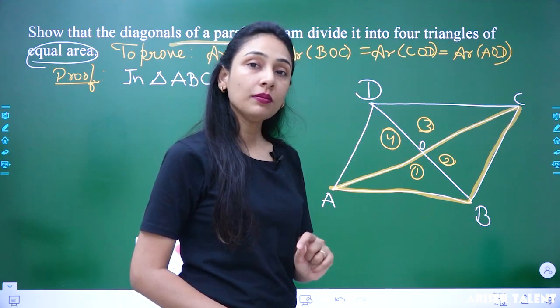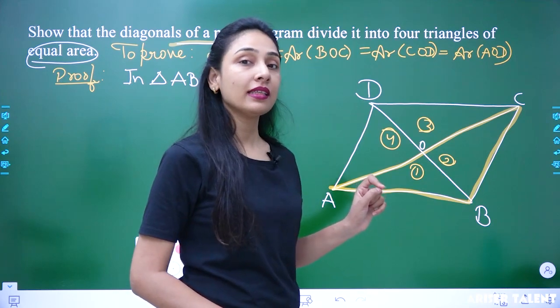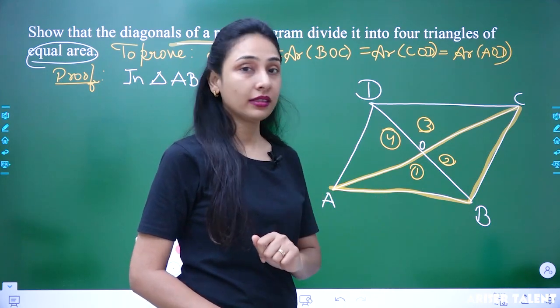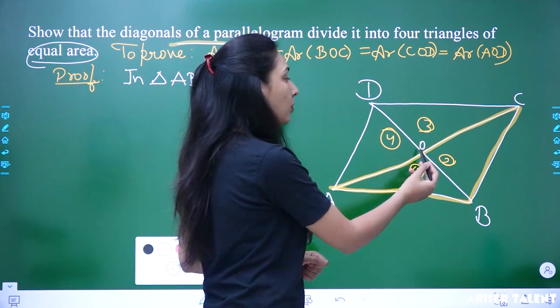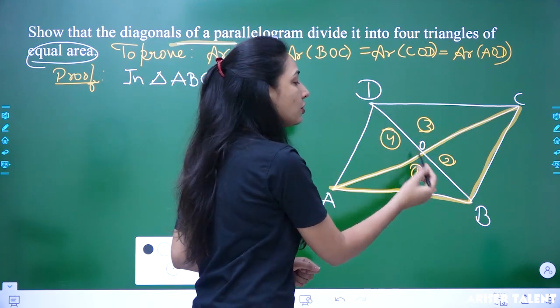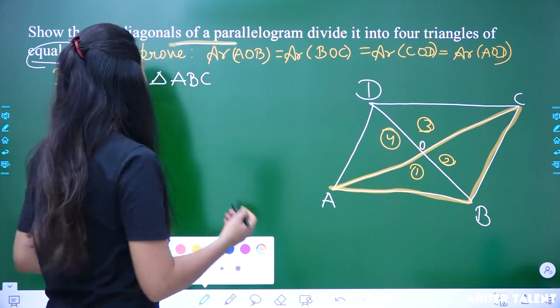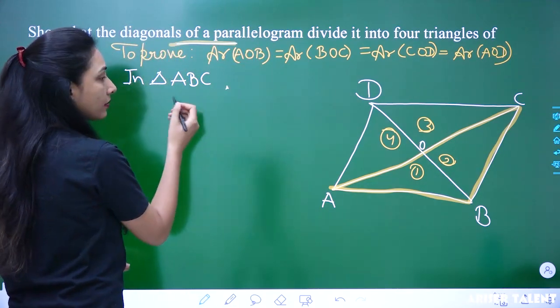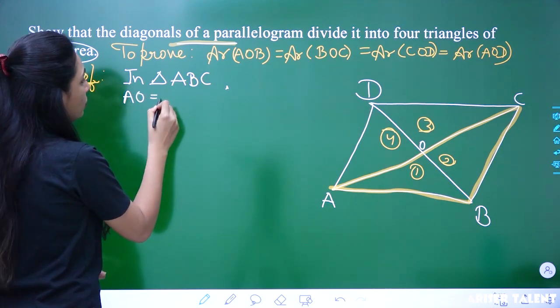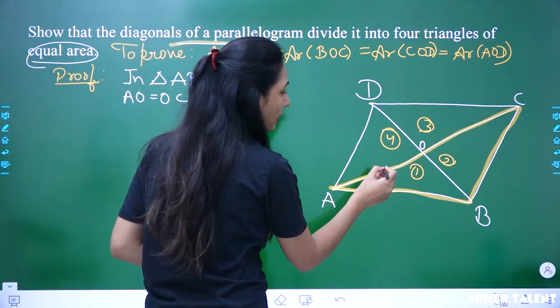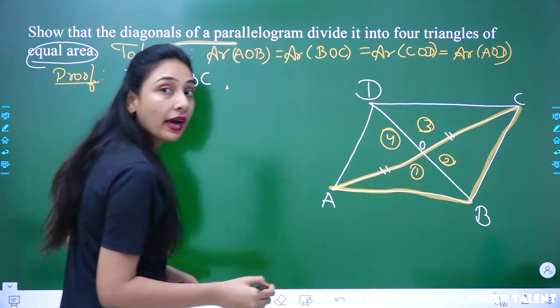The diagonals of a parallelogram intersect and also bisect each other. So that means at this point AO is equal to OC and DO is equal to OB, right? AO is equal to OC. These two are equal. Why so?